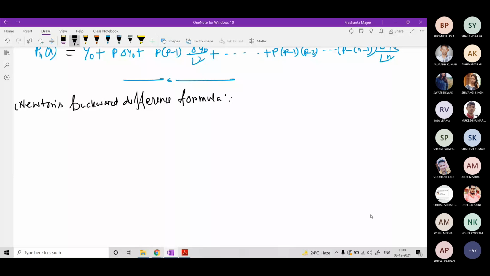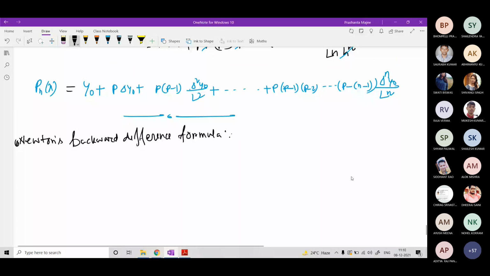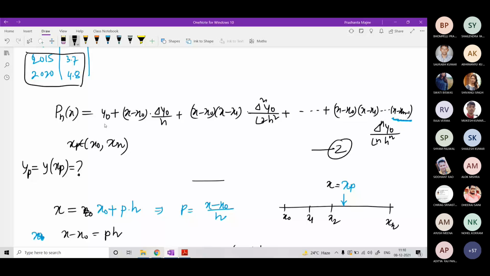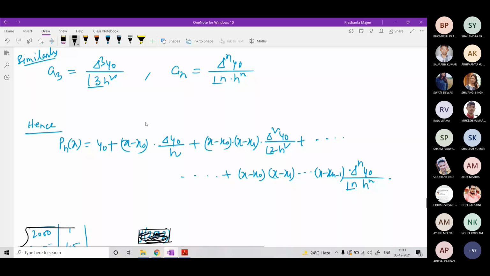We'll start with some initial assumption of the polynomial. Here you see how we considered the initial polynomial. Yes, this was the initial assumption of the polynomial.